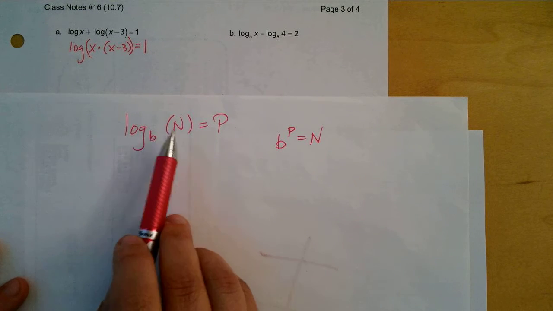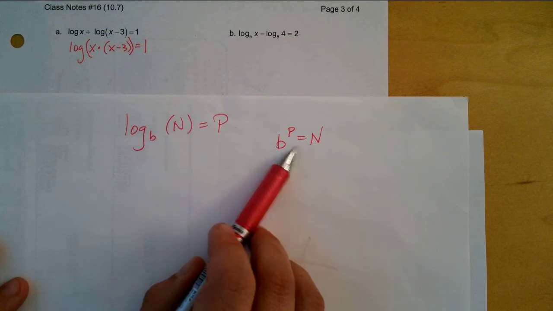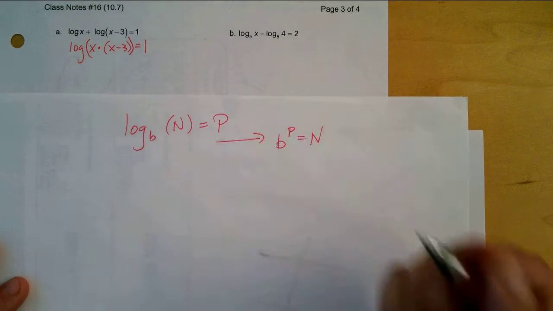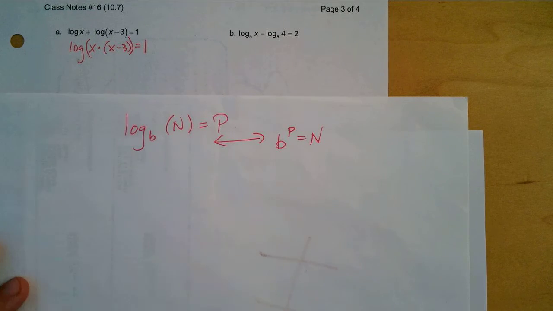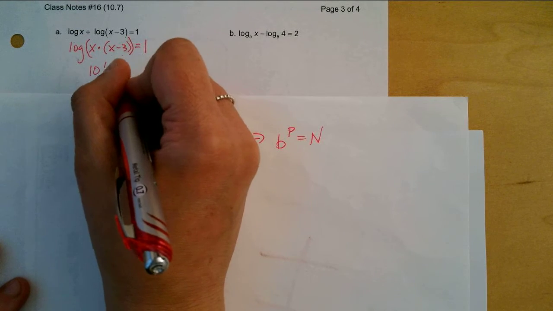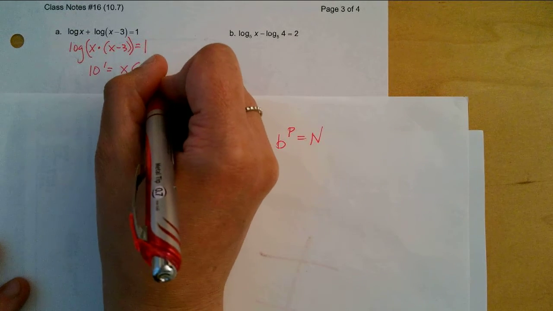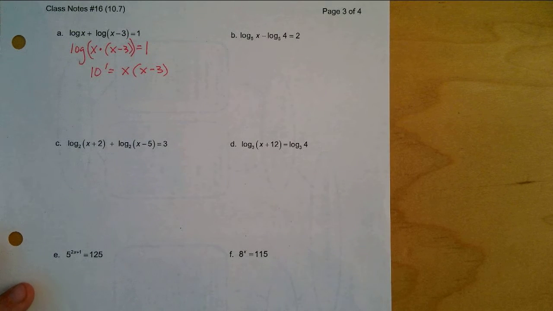To get the variable out of the log, I can use the definition of logarithms, which says the base. Well, what's the base here? 10. What's the power? 1 equals x times x minus 3. Oh, that seems like an easier equation to solve now, doesn't it?